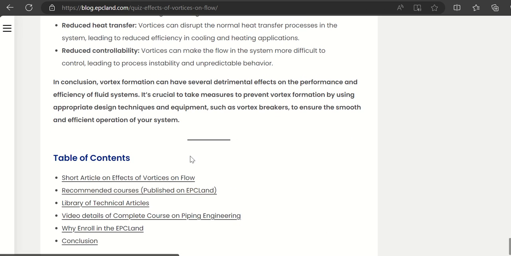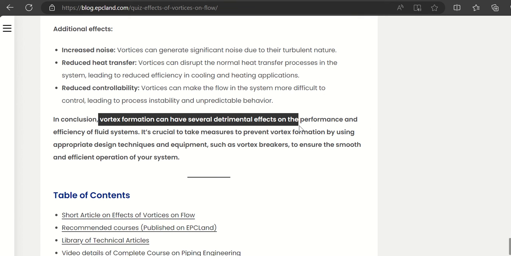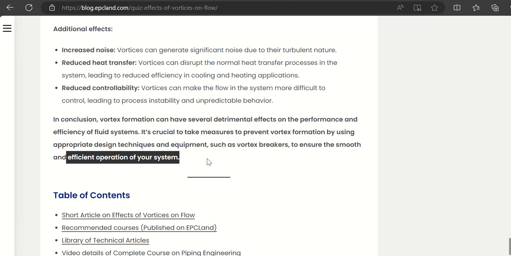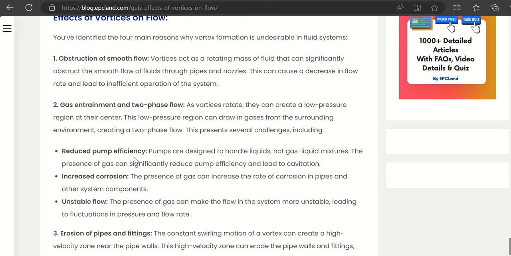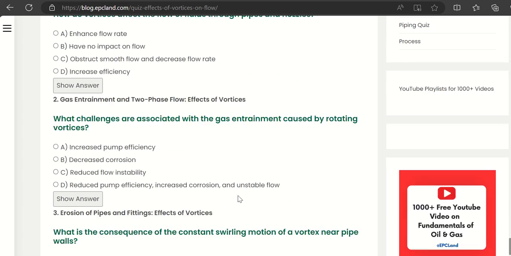That means the vortex formation can have several effects on the performance and efficiency of the system, which we want to avoid, and we utilize the vortex breakers to ensure the smooth and efficient operation of the system. So once we look at these effects, we can understand the importance of vortex breakers.